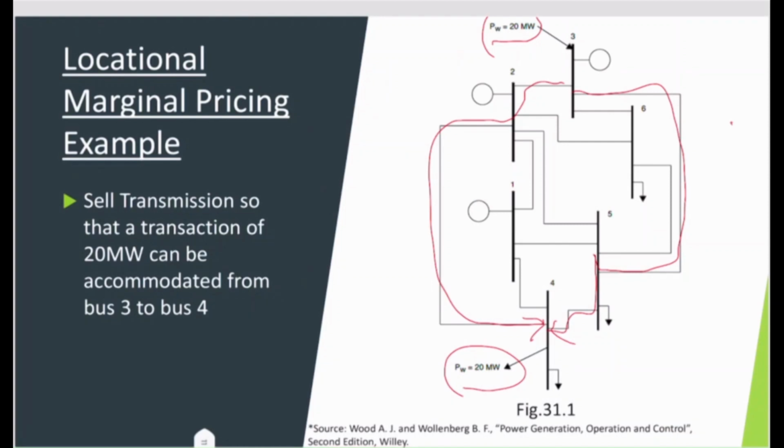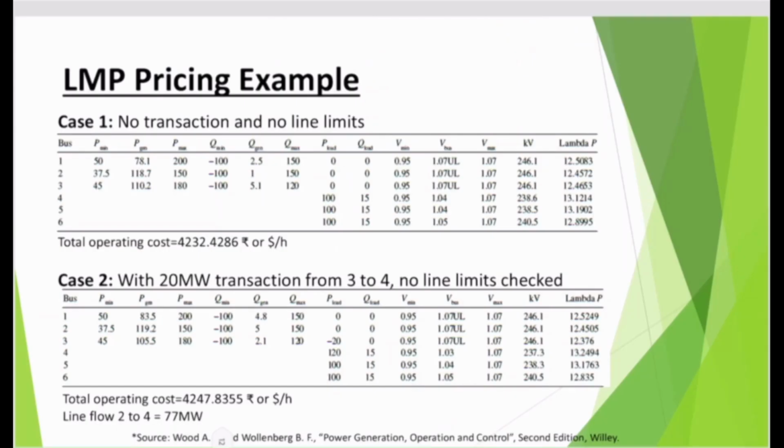Now, moving further, all of you please concentrate on this locational marginal pricing example. There are two issues here.